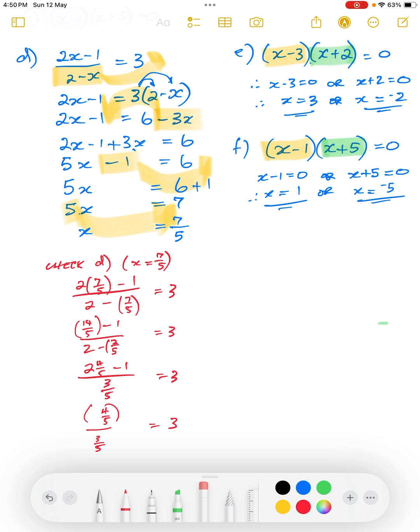It's not 3 4/5 at all. 2 4/5 take away 1 is in fact 1 4/5. Good, that's better. All right, so I'm going to change 1 4/5 into 9/5. And instead of divide by 3/5, I'm going to multiply by 5/3.